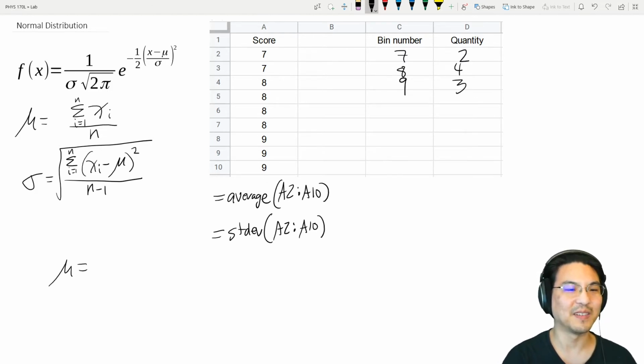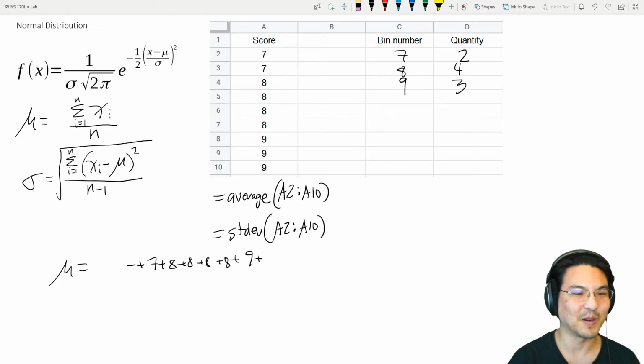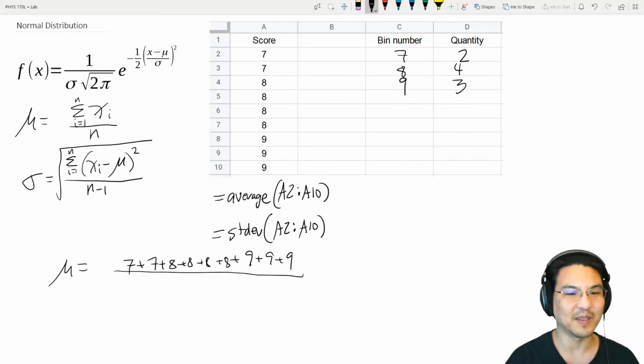The mean is, for this, 7 plus 7 plus 8 plus 8 plus 8 plus 8 plus 9 plus 9 plus 9 over 9 of these. Oh, I have too many 7s. There, 2 of them, right? Right, so that's the mean.